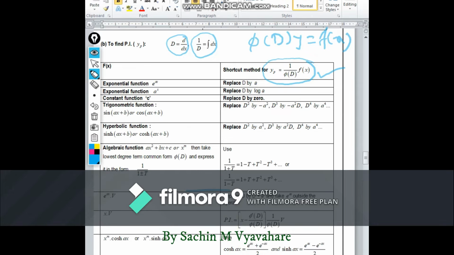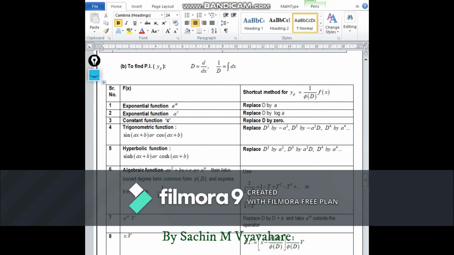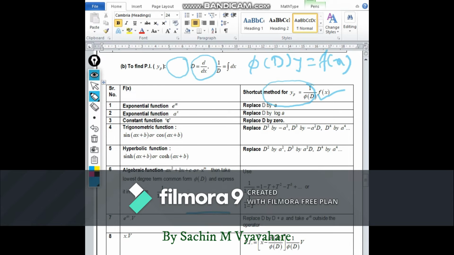There are nearly a total of 11 shortcut methods that we have for getting a particular solution. Out of that, we just completed the first five. The first one is the exponential function e raised to ax.